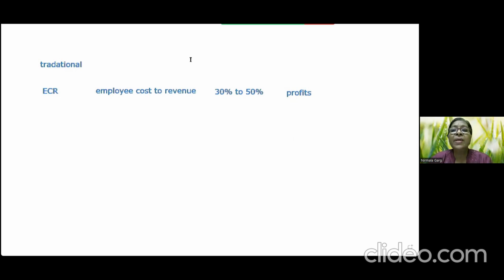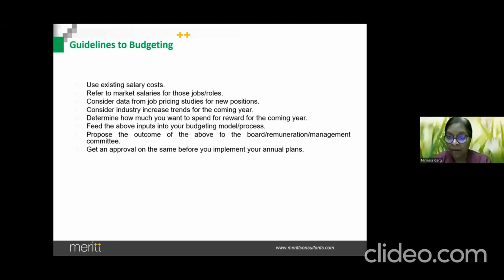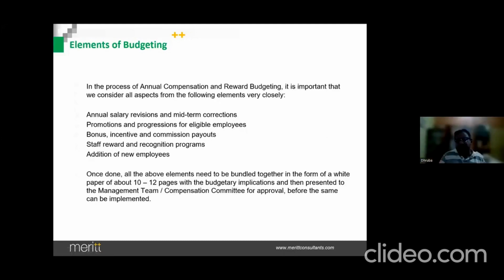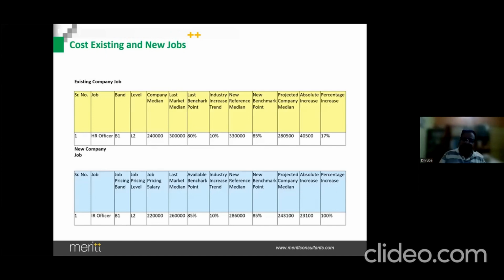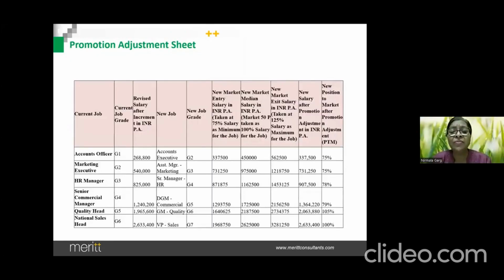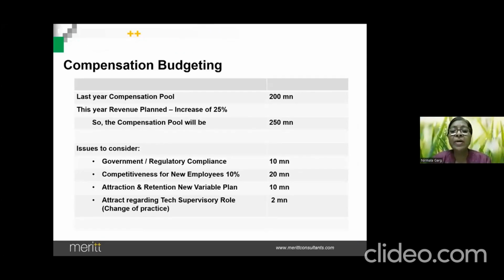Okay, so typically when we do a traditional budgeting, there is a process involved. But madam, for the traditional also, the ECR can be incorporated. Absolutely incorporated, because it will give you a sense of where you are.